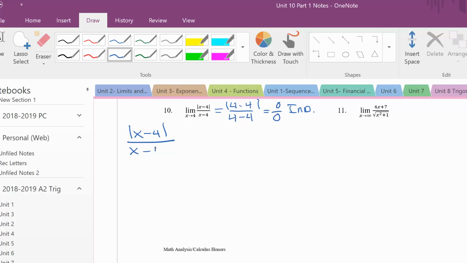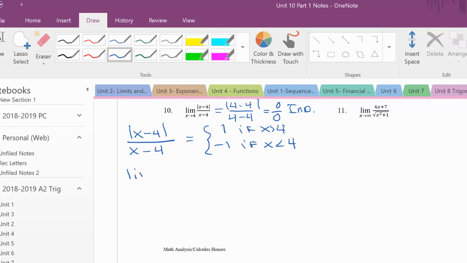So if we take the absolute value of x minus 4 over x minus 4, we know that that's equal to 1 if x is greater than 4. It can't be equal to 4. And we know it's equal to negative 1 if x is less than 4.